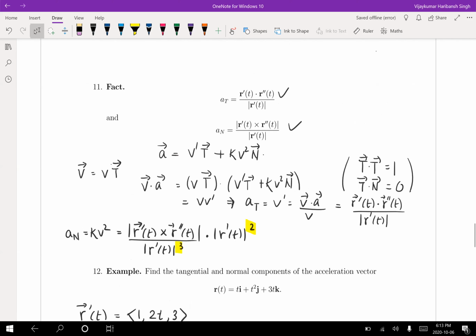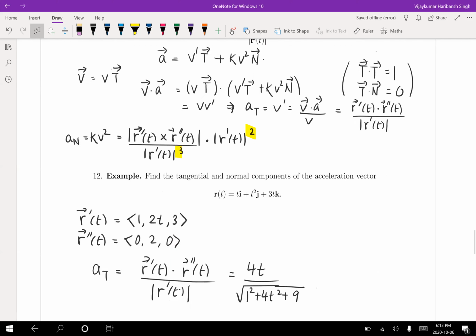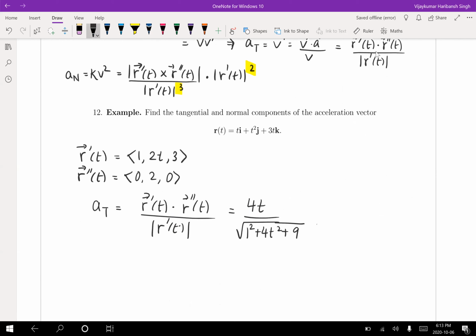Now to compute AN, we need to take the cross product of these two. So first we compute the cross product. r prime cross r double prime of t, again i j k, 1 2t 3, 0 2 0.